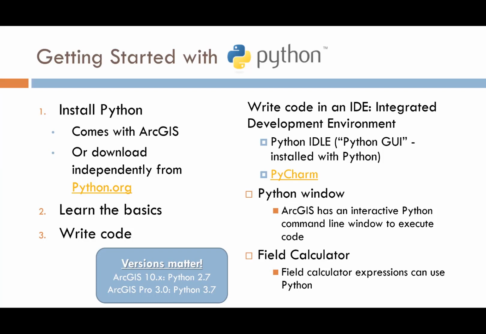This one, it has 2.8. Does it have ArcGIS Pro? It says ArcGIS Pro. These machines might have both ArcMap and Pro. So it's possible to have Map and Pro on your machine at the same time, in which case you will have two versions of Python.